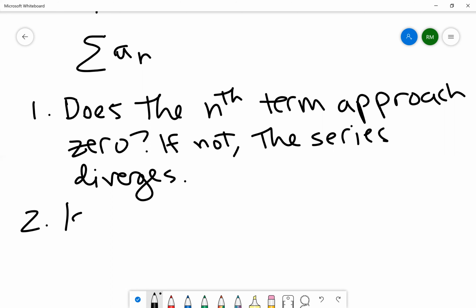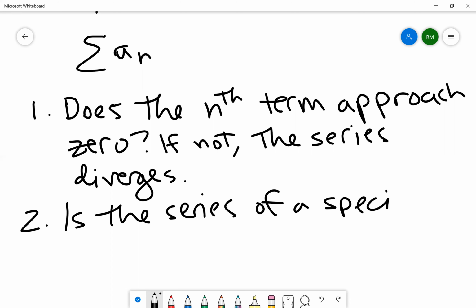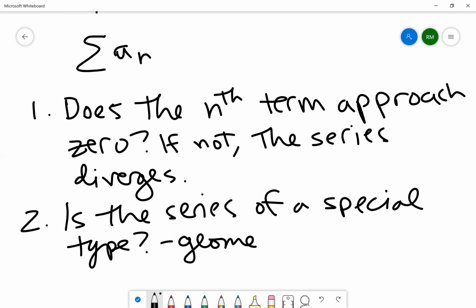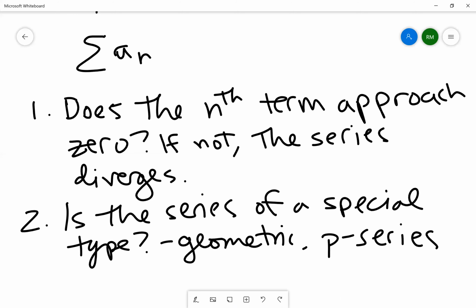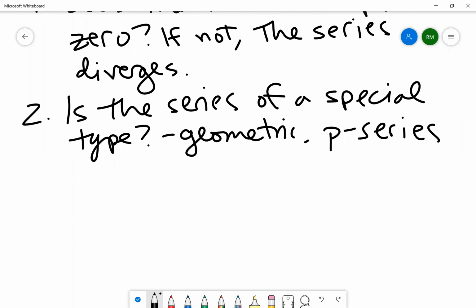The next thing you ask is, is the series of a special type? So the special types that you've learned are geometric. You've learned the p-series. You've learned telescoping series.